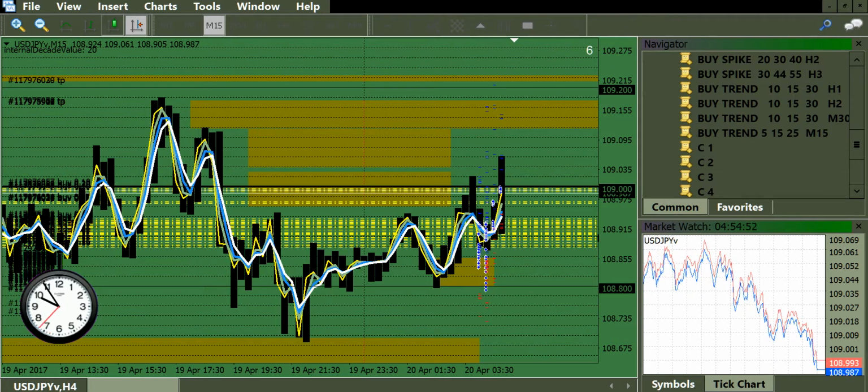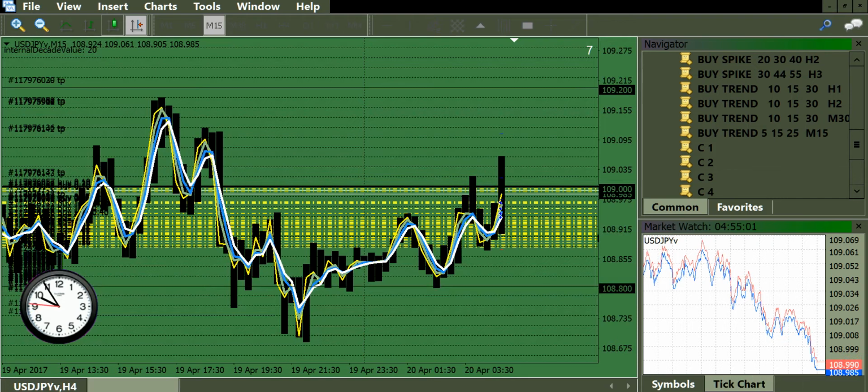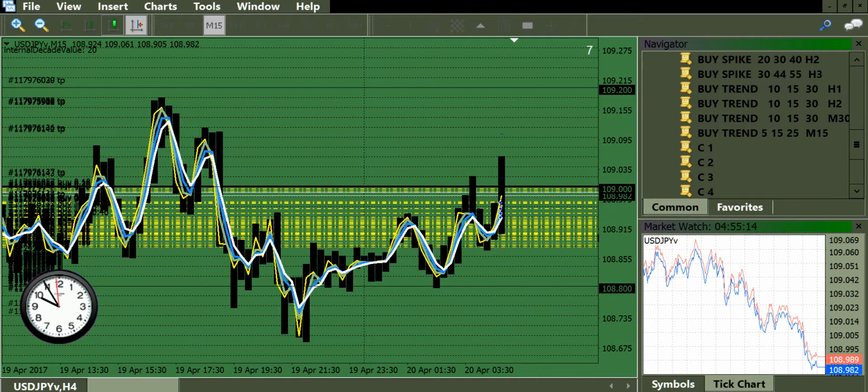So here's where I'm going to drop the buy limits. And buy limits are going to be back below the breakout. So there's the typical come up there, breakout, pull back, maybe pull back real deep.